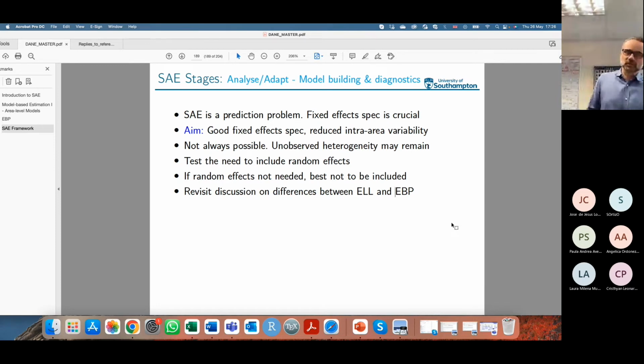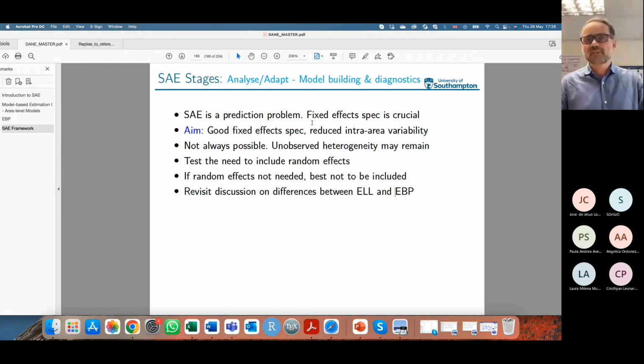Going back to the point that Jose made, small area estimation is a prediction problem, right? In the methods that we presented, we used as a standard model the nested error regression model, the random effects model.